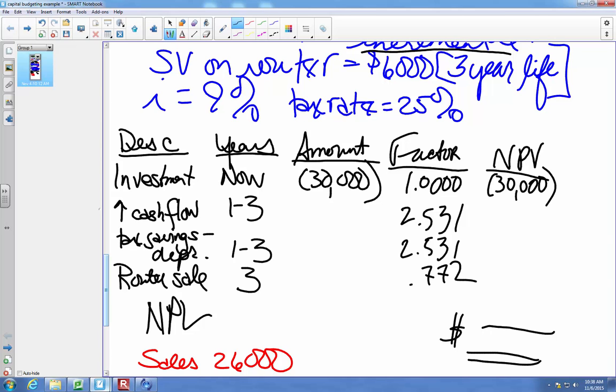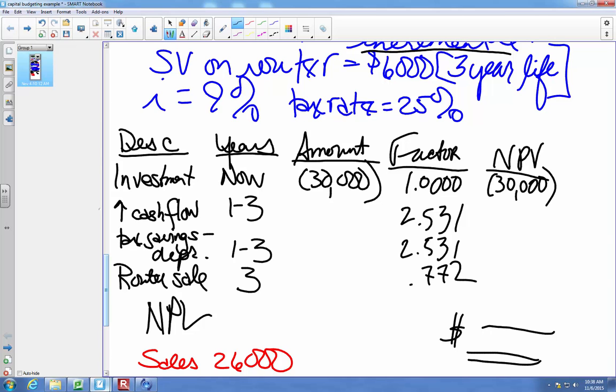No, I already multiplied it by 25% because it's 8,000. You're depreciating 8,000 a year, so when you multiply that by 25%, 2,000 goes in there. Slow down. Do you see what I'm saying?